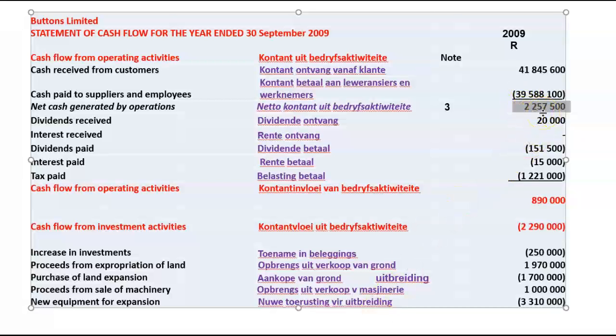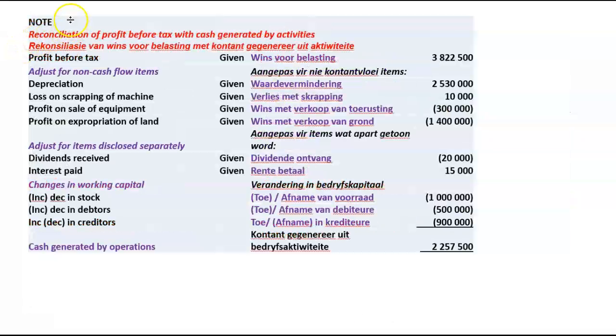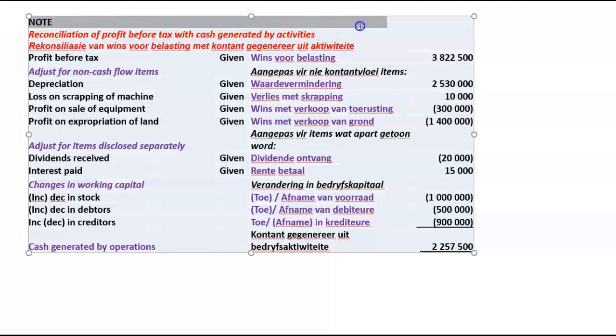Why the difference? Now, guys, our reconciliation note also has a proper heading. Here, you're supposed to write notes to the financial statements for the year ended 30 September 2009.